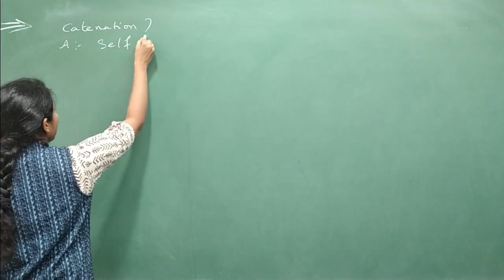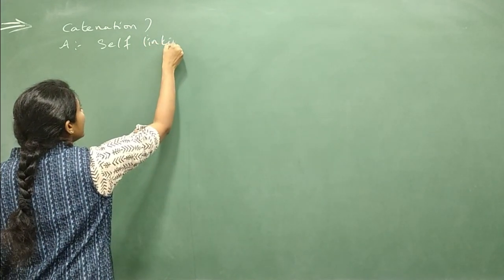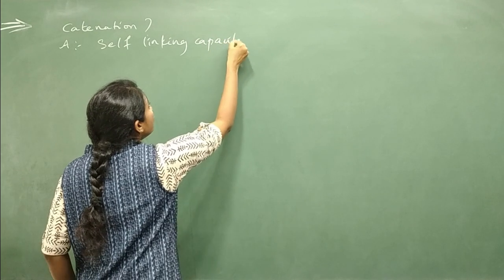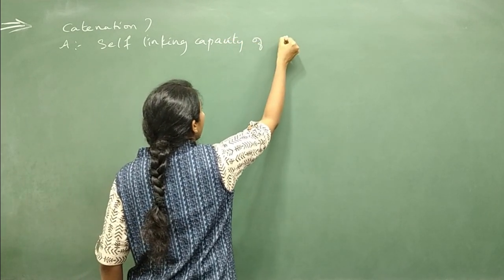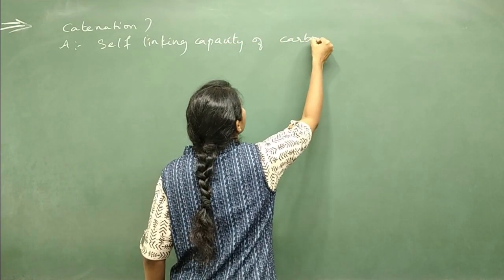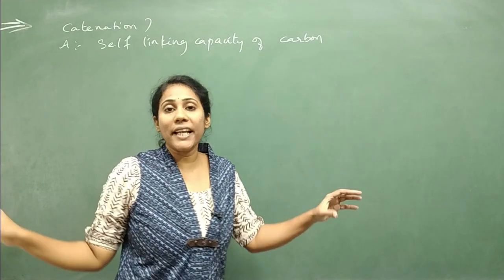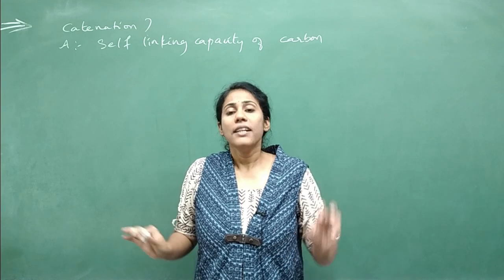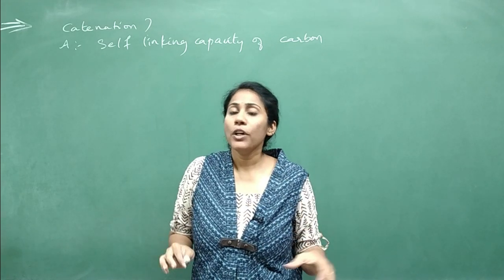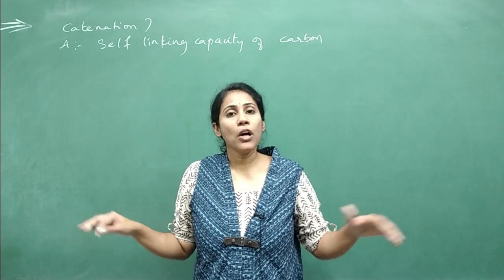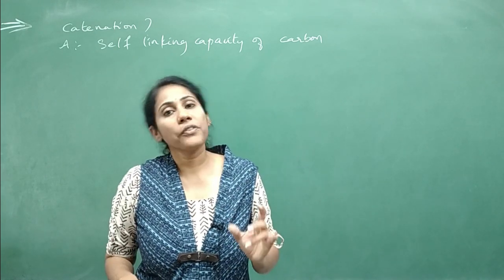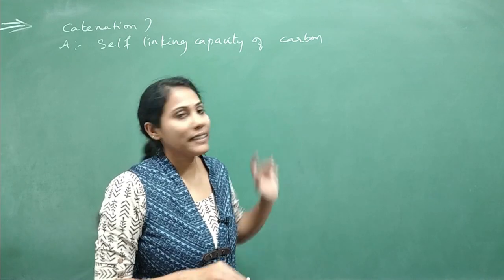Self-linking capacity of carbon to form long chains, branched chains, rings is called catenation. One carbon can link to many carbon atoms to form long chains and branched chains. This property of carbon is what we call catenation.